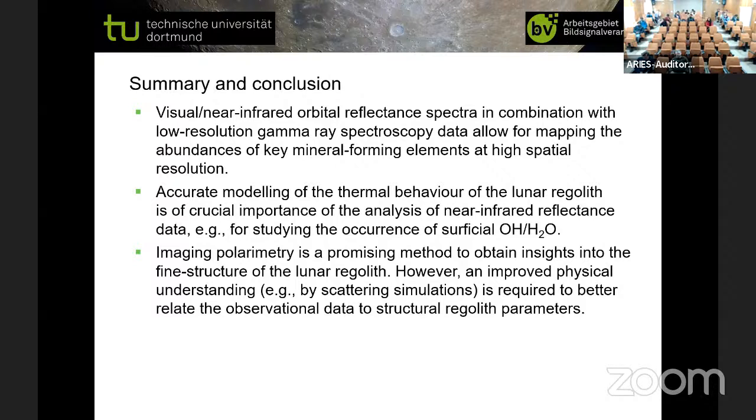There simply don't exist good models to simulate scattering or the polarization of scattered light by grains with a complicated shape. That is really required to better relate observational data to structural regolith parameters.